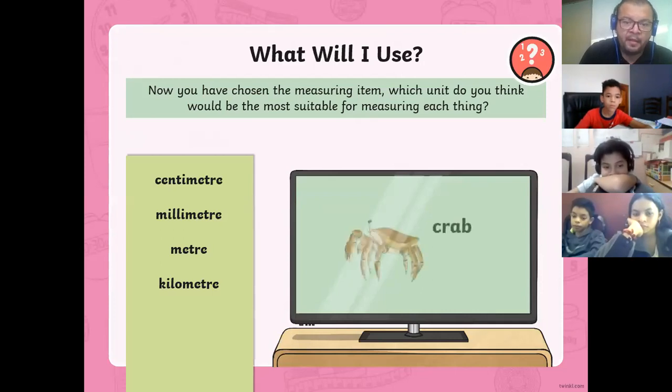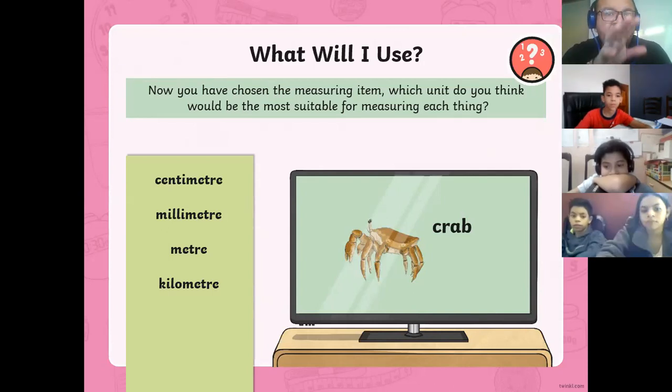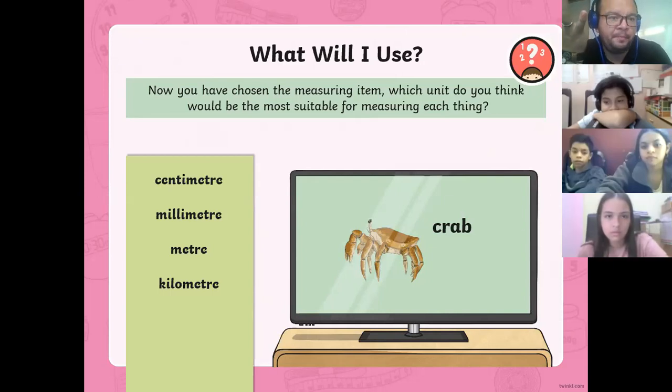But these ones in here are really common. A crab, what are you going to use? Centimeters. Remember the pronunciation: centimeter, kilometer, or kilometer if you want to pronounce it stronger.